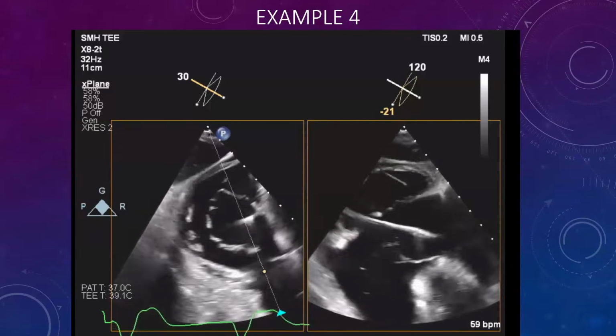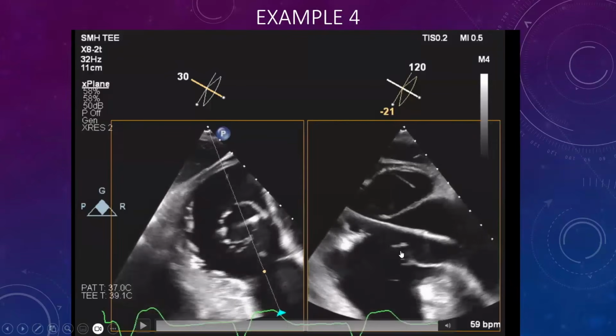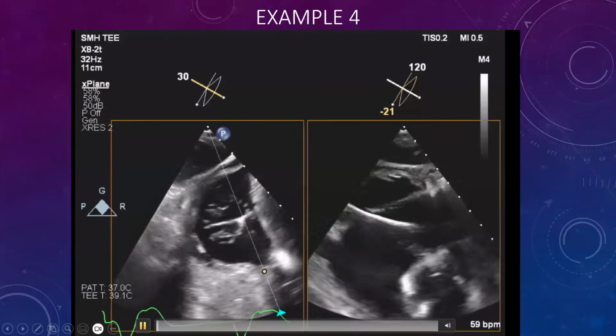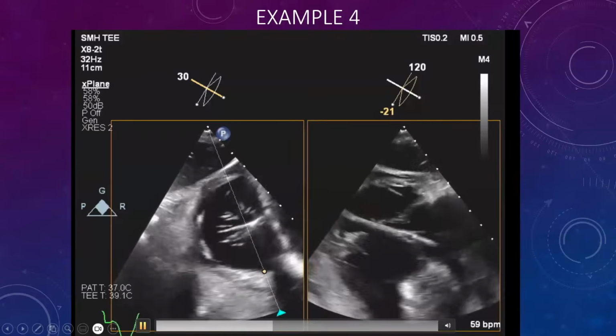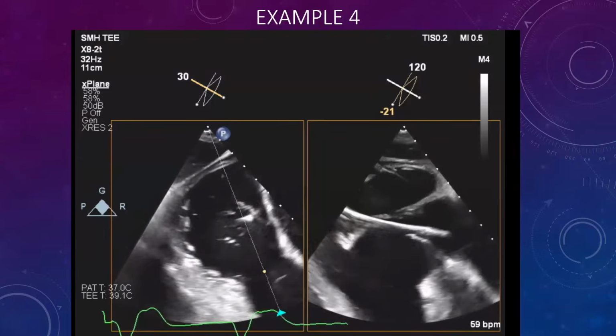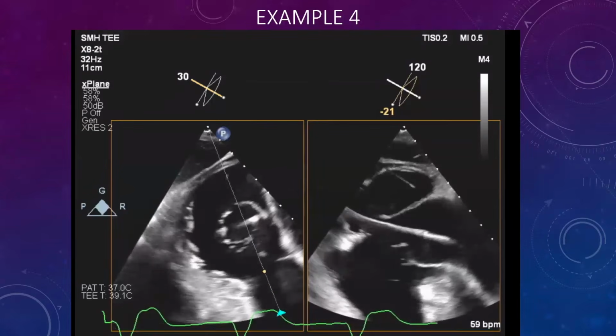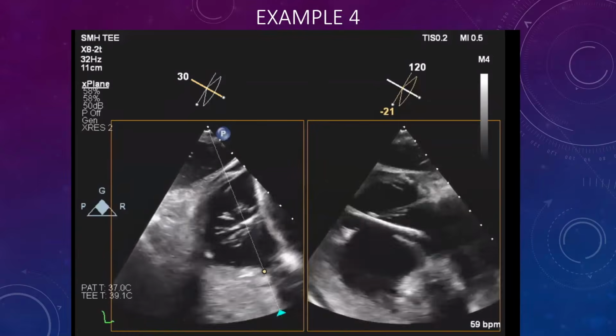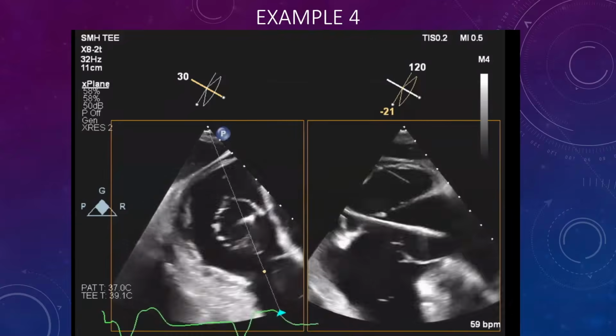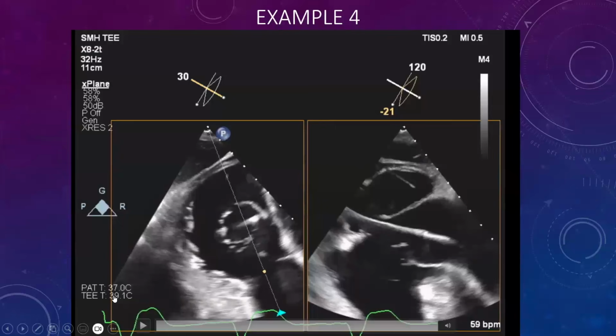And you can see right here as it goes through the subvalvular apparatus, it actually looks almost like it's stuck to it. The leaflets are also quite tethered. Absolutely. And here you can see the interaction with the leaflets and then the tethering.